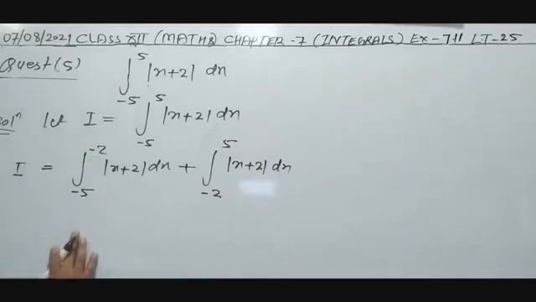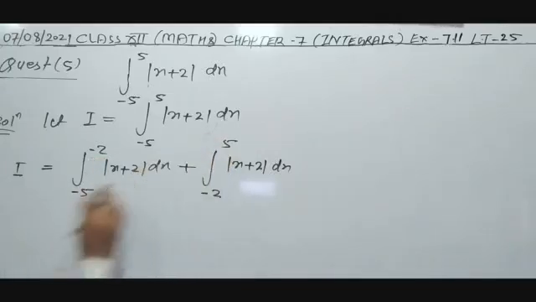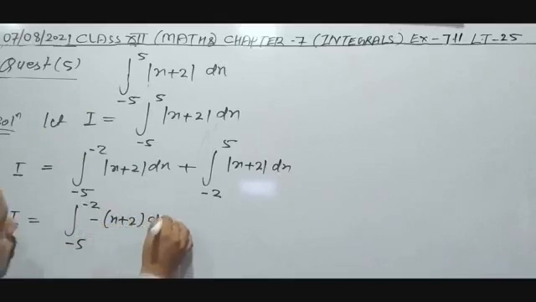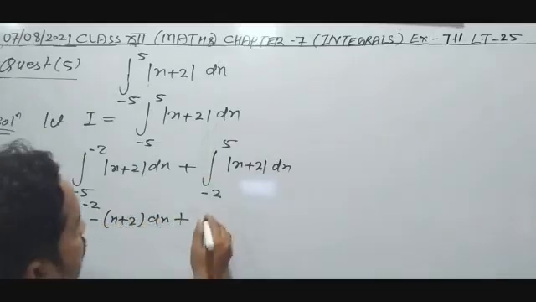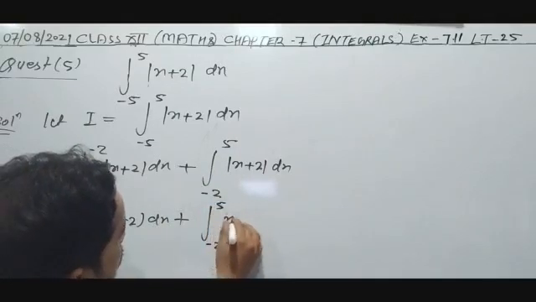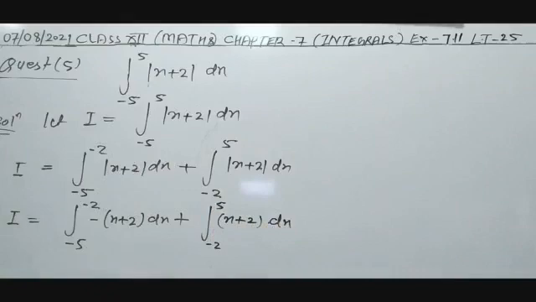Now from minus 5 to minus 2 the result of x plus 2 will be negative, so the modulus function from minus 5 to minus 2 will take a negative sign, and for minus 2 to 5 the result will be positive. Now we have to integrate this function.